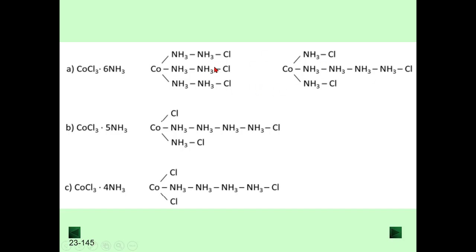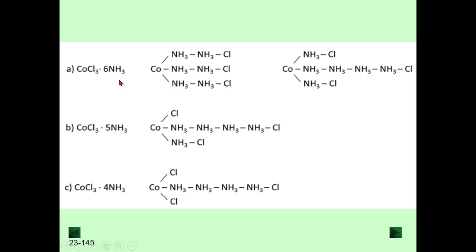Similarly, here you see that chlorine is in some cases attached near, in some cases attached far, and between them is the ammonia molecule. We have to discuss in the next point the precipitation: which chlorine is precipitated and which is not. When you put this compound in water, some chloride ions are separated, or precipitated.